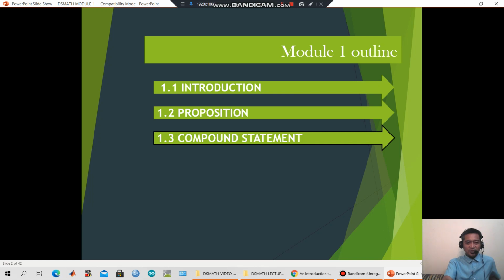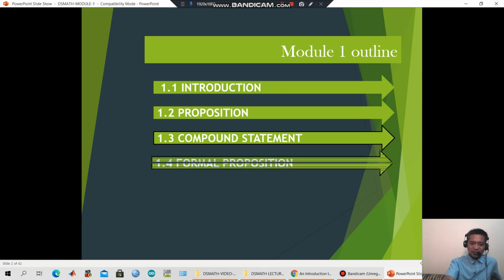Right after which, knowing the propositions, we have compound statements. After setting some examples and knowing the truth values of these propositions, we will have multiple propositions that become compound statements. Under compound statements, we actually have some conditional types of propositions.